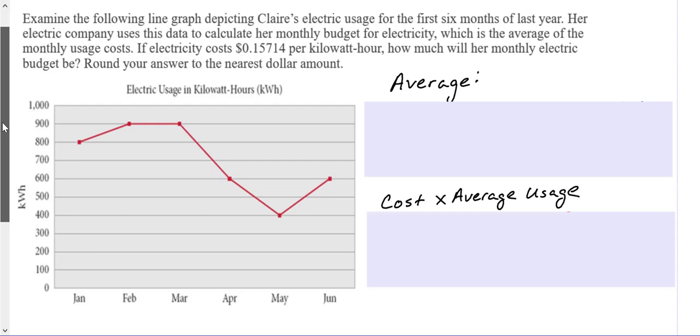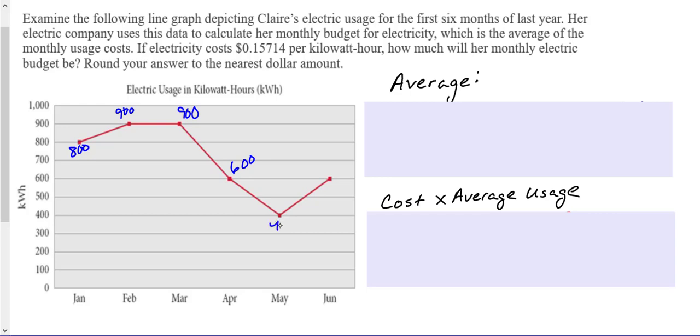So once again, to find an average, what we have to do is average out the amount that is spent each month. So for example, if we look to January, that dot is at about 800. February is at 900. March is at 900. April is 600.